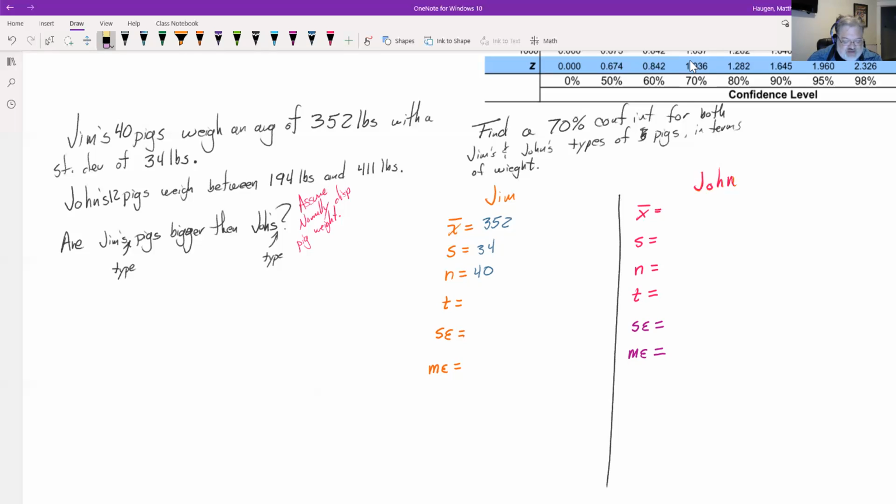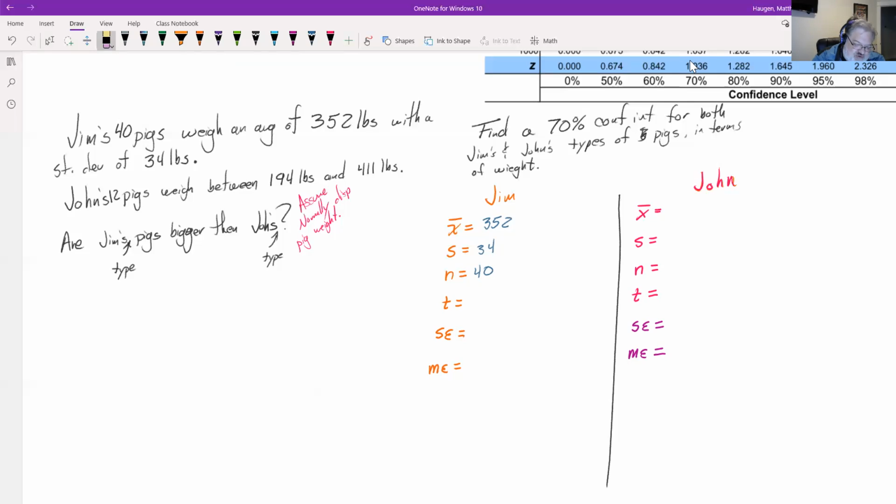Anything else disadvantageous about John's data? You aren't given a mean and a standard deviation. Yeah, we're not given any of the information we want. So what are we going to have to do to figure out what we can try to use as a mean and standard deviation? Particularly a mean.